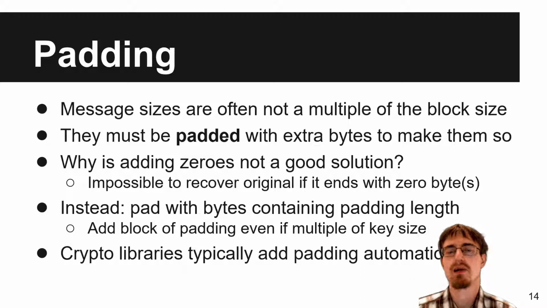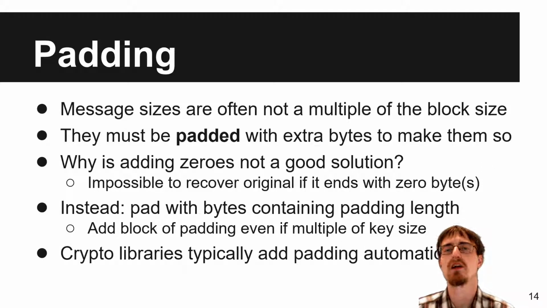What can we do instead? We pad with bytes, each containing the length of the padding. So if there's 4 bytes of padding, we repeat the byte 4 times. Additionally, we make sure to add 1 block of padding, even in case we have a multiple of the key size in the message. Right, so even in this case, we don't really need the padding, but we still add this block to be able to uniquely identify the length of the message.